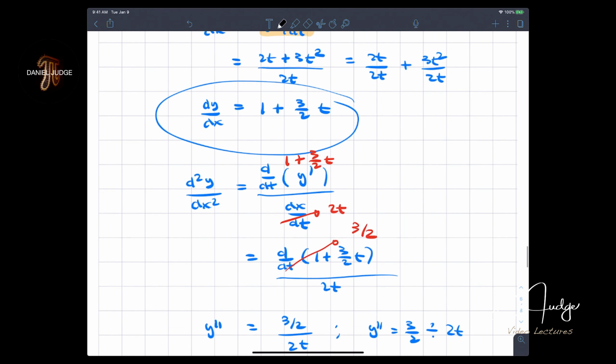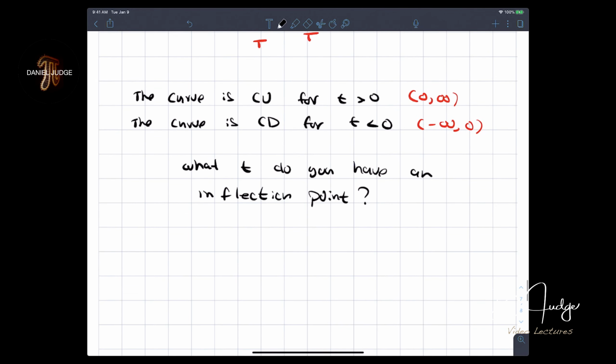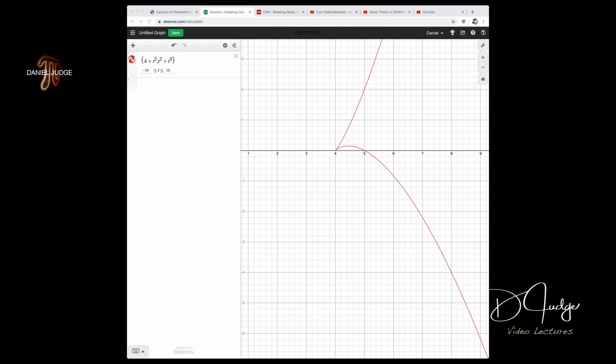Okay, I want you guys to note this stuff. When t is 0, you're at (4, 0). Consider everything that we did yesterday: t is 0 happens at this point where the first derivative looks like it doesn't exist. It's not smooth at (4, 0). That happens when t is 0, by the way.